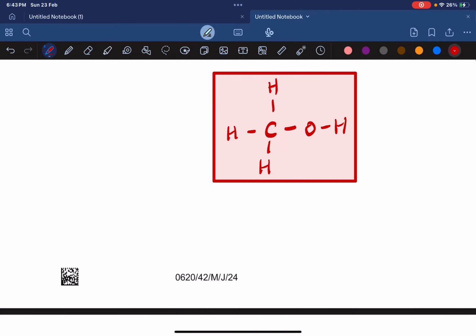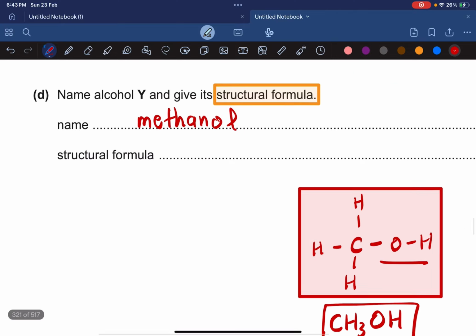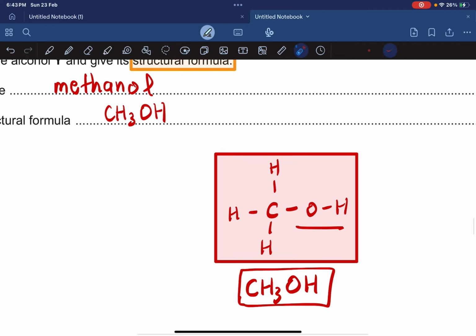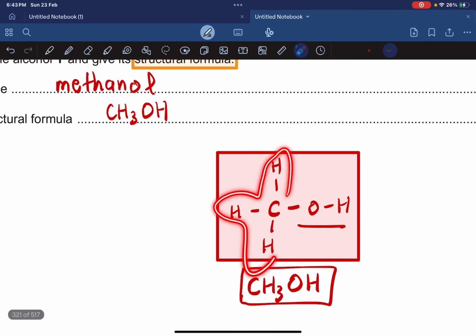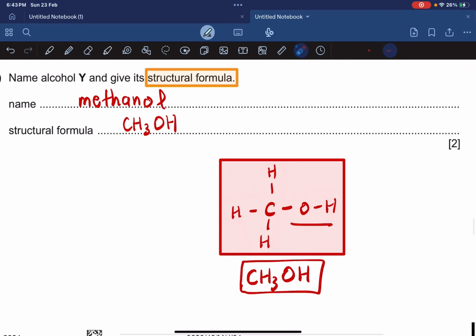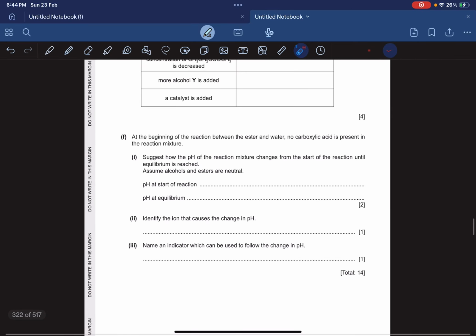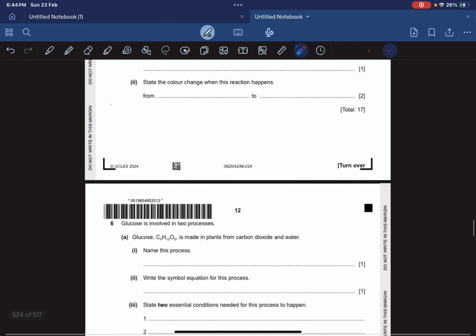So for the structural formula, I'm going to write CH3 and then OH. So the structural formula is CH3OH. What I did was I broke it down into this part, CH3, and then I wrote OH. So that tells about my structure. You don't have to draw this, you just have to write this formula. Okay, let's move on to the next question.